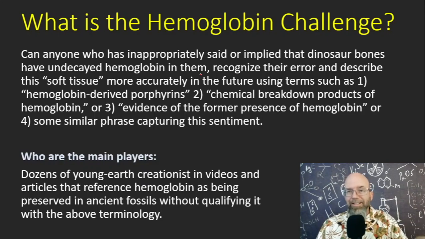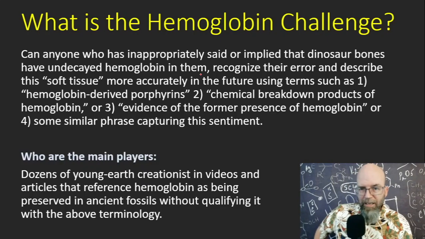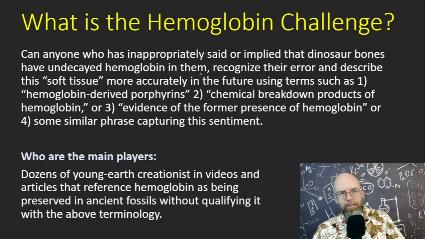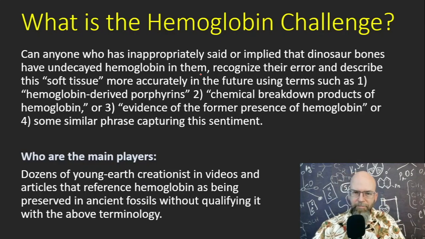That's what I'm expecting. That's my challenge, is for young Earth creationists to up their game and to be more accurate about the paleontological evidence here. So who are the main players in this challenge? Who am I challenging, right? I'm challenging everybody from the YouTube creationists out there, so Matt Powell, Kent Hovind, who's certainly made this claim hundreds and hundreds of times probably.